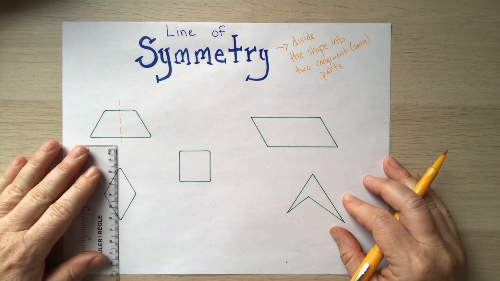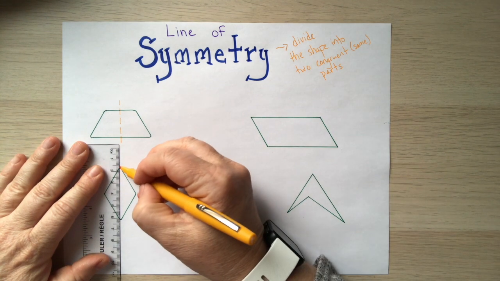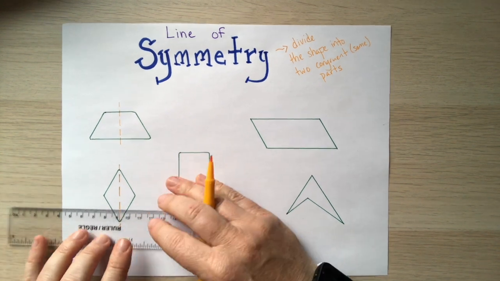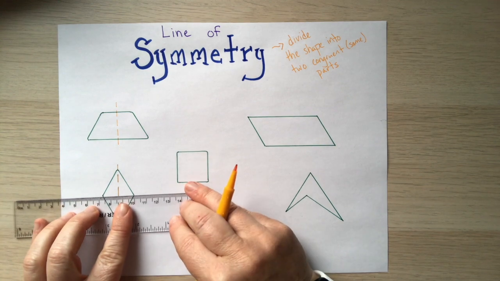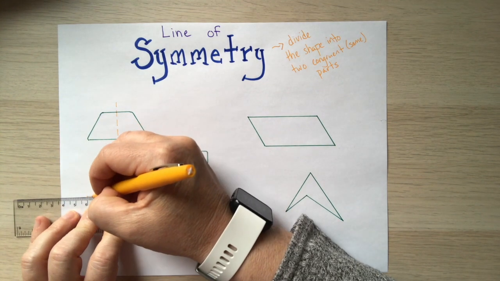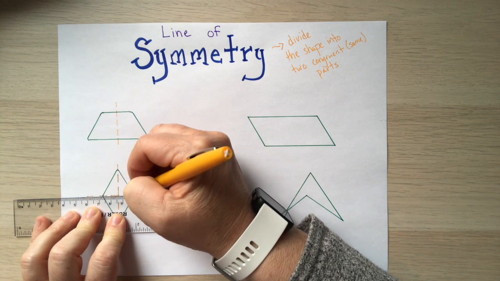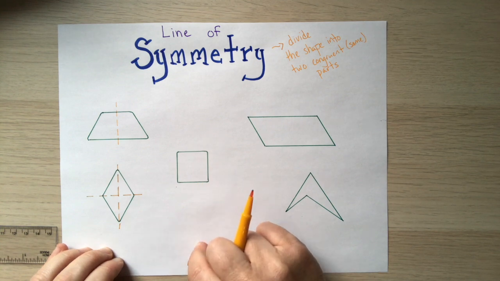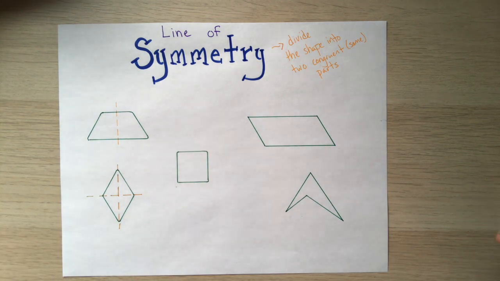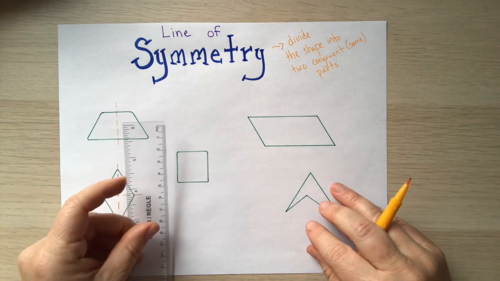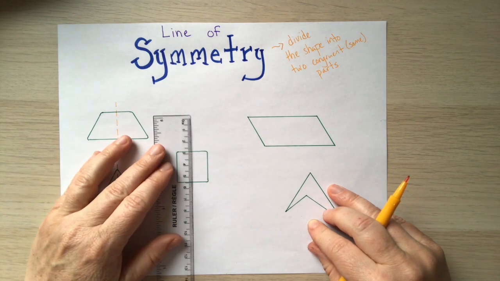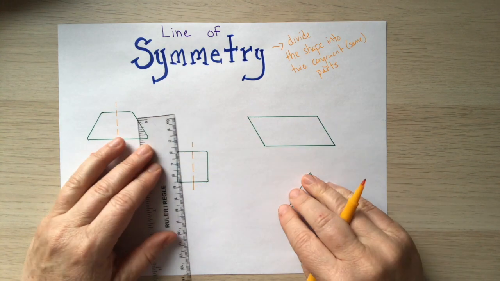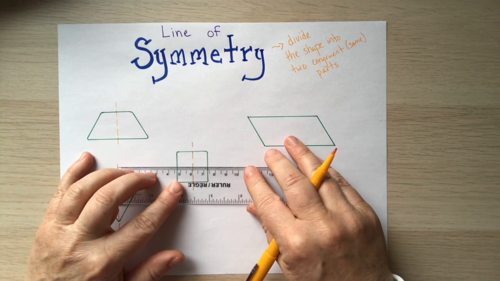For something like a rhombus, if we were to divide down here, we have one line of symmetry that way, these two sides being congruent. We can also go right along these two angles, making these two sides congruent to each other. Now, for a square, you actually have 4 lines of symmetry. So you can take a square down the middle like this, making these two sides equal.